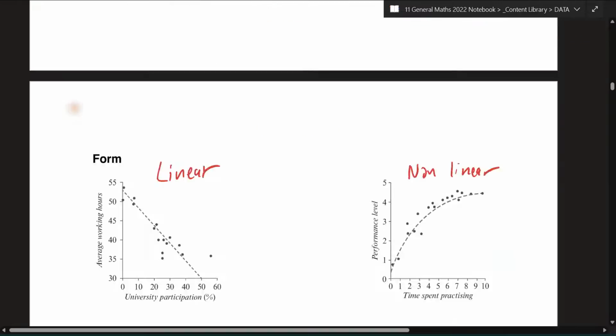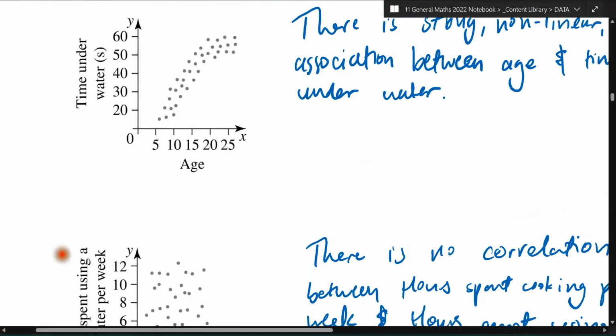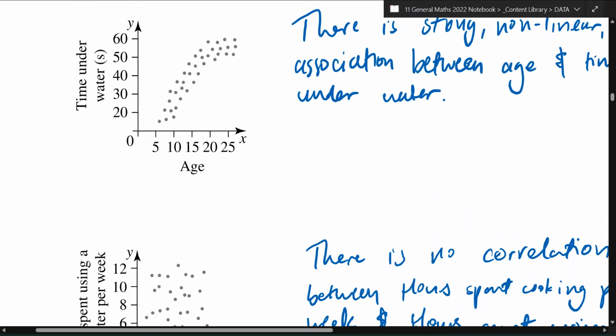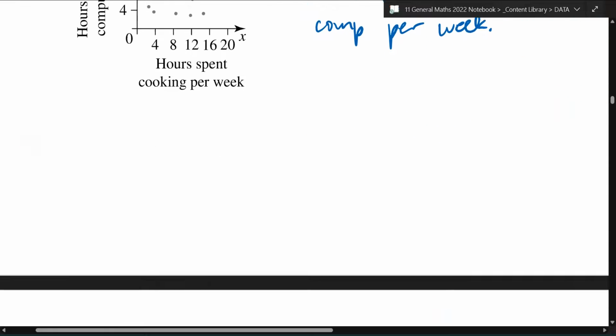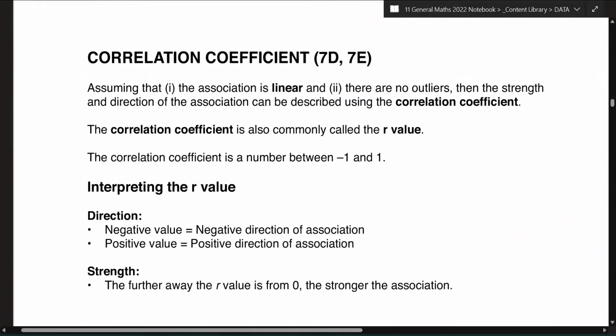But instead of just looking at it and saying, yep, it's strong, it's linear, it's positive, or there's an outlier, we're now going to use an actual numerical value to determine whether something is strong, positive, or linear.